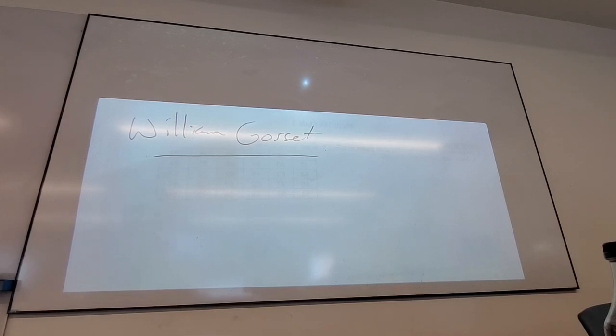William Gossett worked for the Guinness Brewery. Part of the conditions for working with them is he did some research for them, which is neat. He wasn't bottling the Guinness, he was doing some research. Any research he did would become property of Guinness. So he had to do some research related to what we're doing now, these confidence intervals.